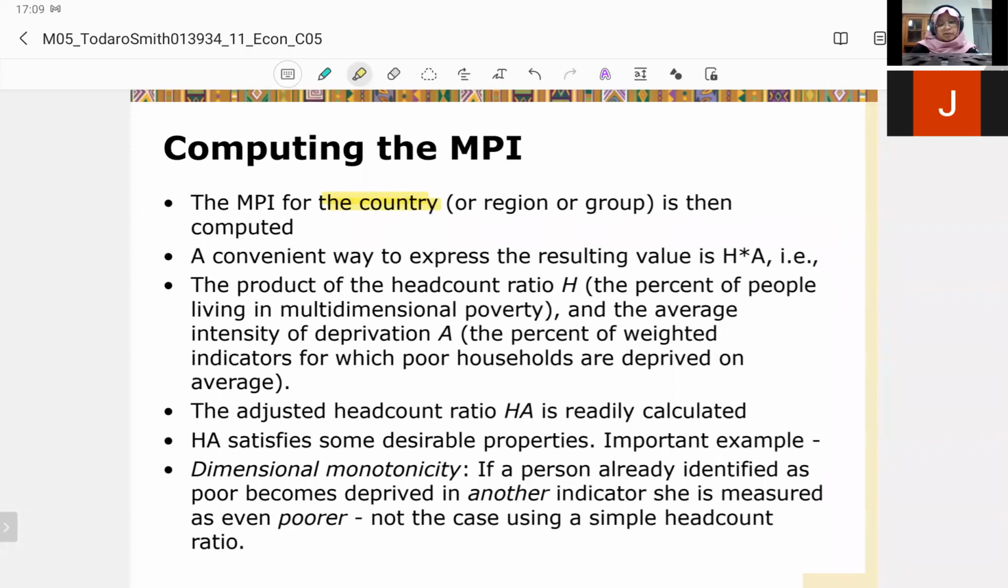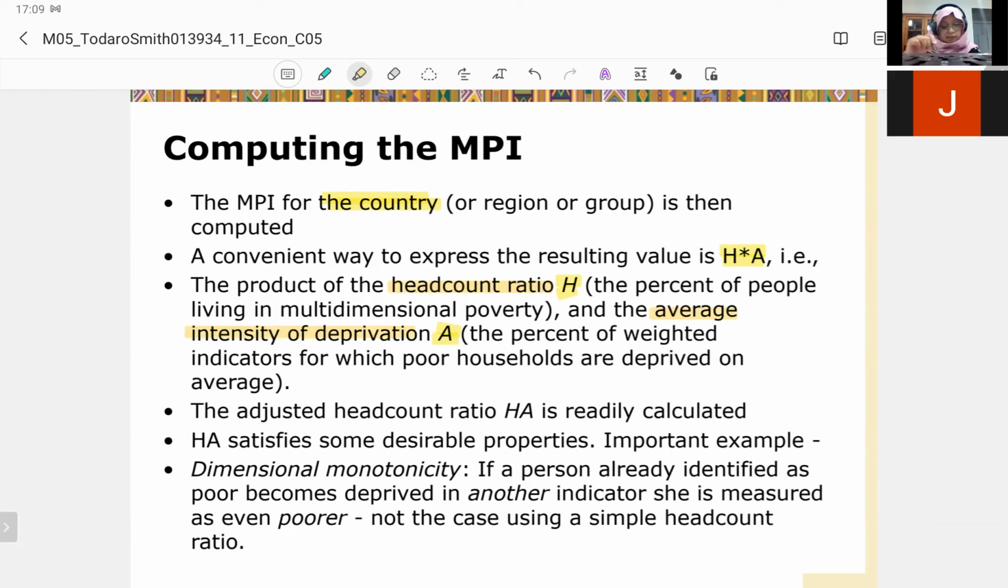A convenient way to express the result value is H times A. The product of the headcount ratio, H, and the average intensity of deprivation, A. So you calculate the headcount ratio times the average intensity of deprivation.